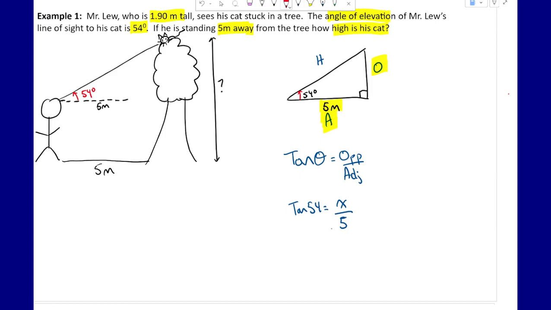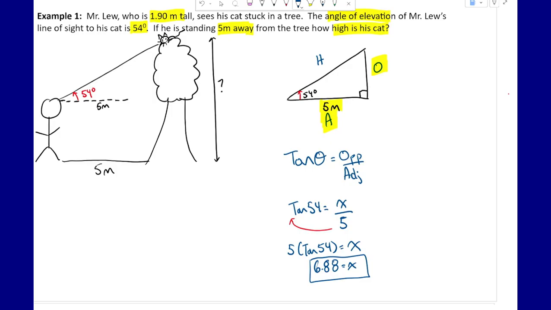Because the missing piece is on the bottom, that means we bring it up and we multiply. So we have 5 times tan 54, which will then be equal to x. On our calculator, 5 times tan 54 is 6.88. So that is the height of this vertical part.